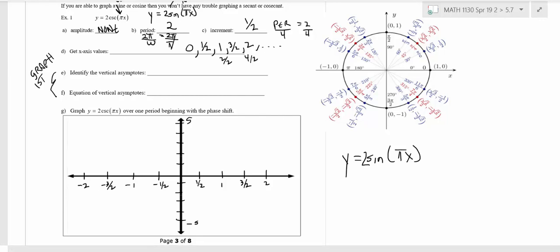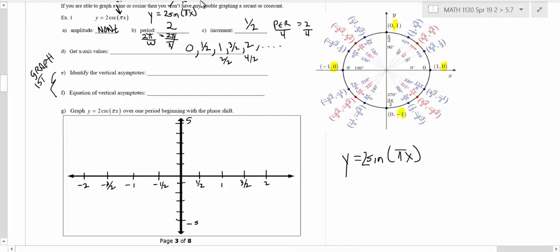So really all you got to know is this particular problem, we haven't even learned how to do phase shifts yet, so we don't worry about that. So what happens on this is the basic values on a sine wave go like this: 0, 1, 0, -1, over and over and over again like that.